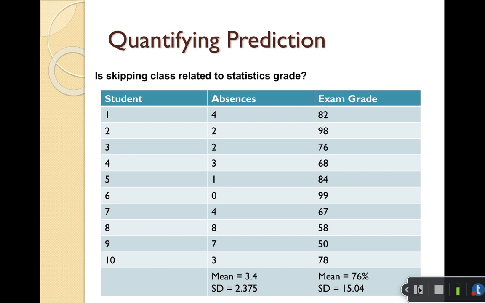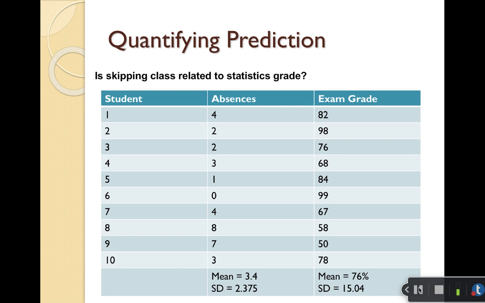I'd like to use the same example that we talked about with correlation and build on this to look at how we can turn this exact same research question into a regression example. So if you remember, our big question was, is skipping class related to statistics exam grade? You can see here, if you recall, I had 10 students. I recorded their absences and their exam grade.